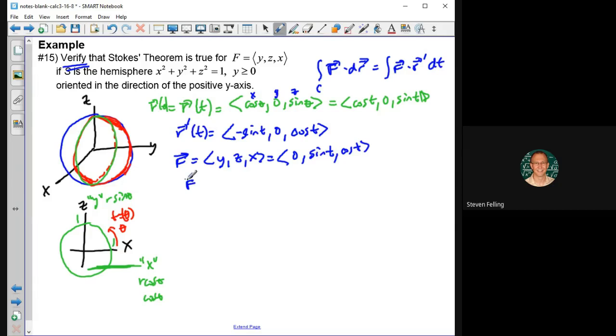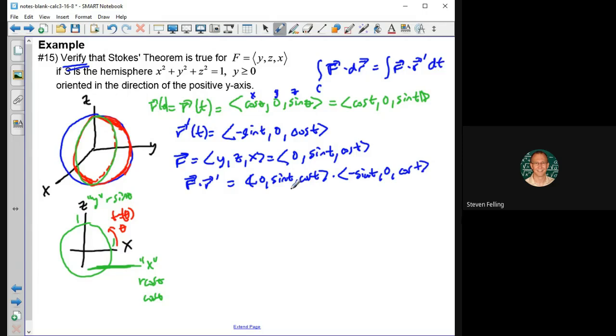And so if I take f dot r prime, then that's the vector 0, sine t, cosine t, dot product with the vector r prime, which is negative sine t, 0, and cosine t.